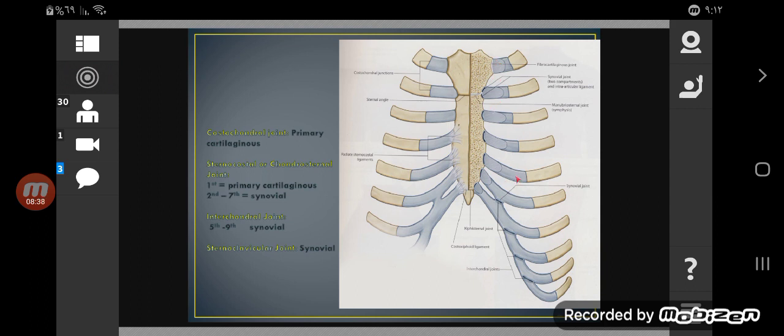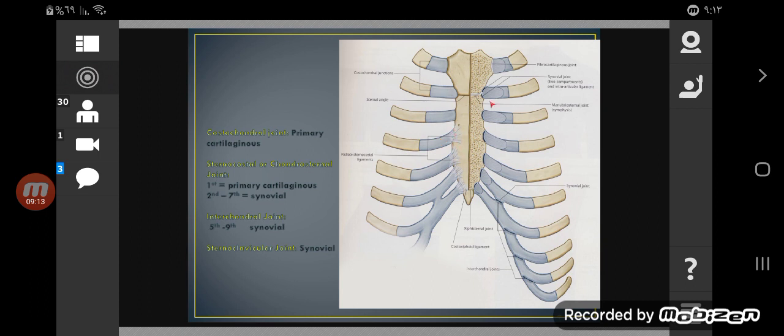But the other ones are synovial, and you can find an articular cavity, articular capsule, and synovial membrane, like other synovial joints. But the second costal cartilage, because of having an intra-articular ligament, this ligament divides the articular cavity into 2 compartments, superior and inferior compartments.